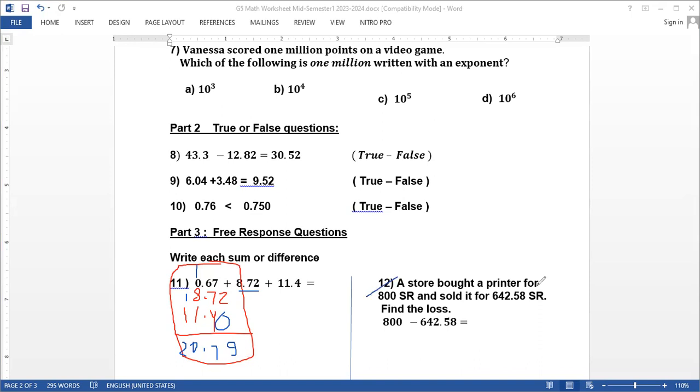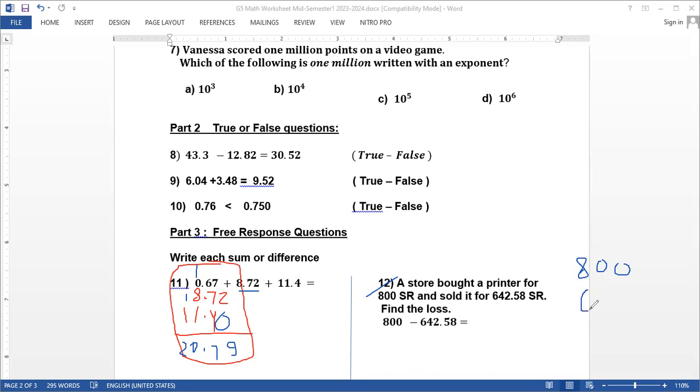A store bought a printer for 800 Saudi riyals and sold it for 642.58. So you need to subtract. This is a very important question. I told you it's very important to line up the decimal points. Guys, some people make mistakes in this.